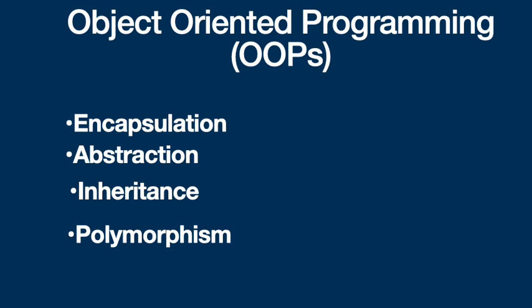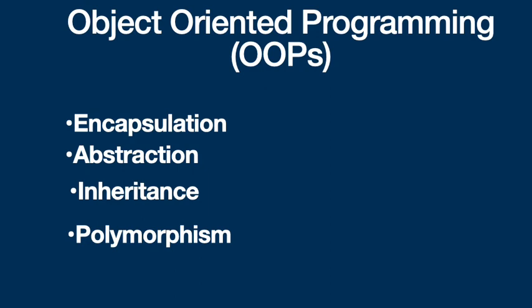Abstraction: hiding some of the properties from the outside of the object. Like, we do not want certain properties to be accessible outside the object, so we use abstraction. Inheritance: instead of creating the same methods and properties again and again, we just take that object and use it.